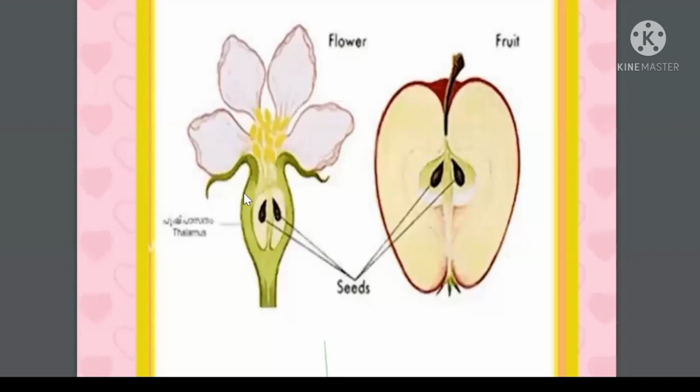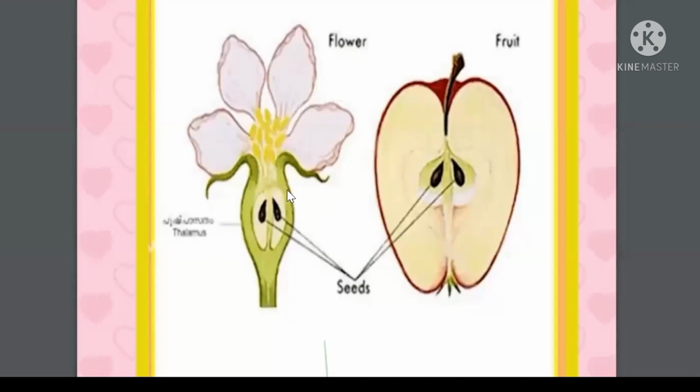See, this thalamus portion, this bulged portion, becomes fleshy in nature and turns into fruit. Is this the correct transformation of this flower part? I mean, in the case of fruit formation, the ovary becomes the fruit of the flower.